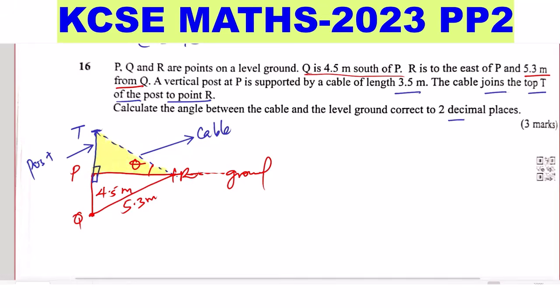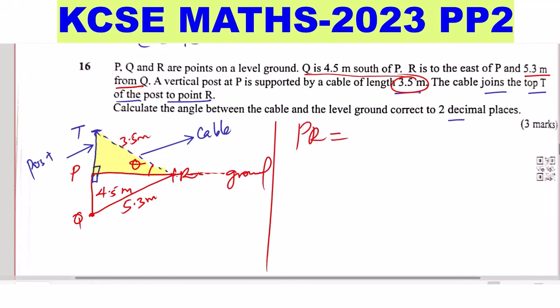We don't have any other measurements. We only have the length of the cable, given as 3.5. So this one is 3.5 meters. If you're able to get any other side, it would be possible. So we can get PR using Pythagoras theorem, using this triangle PQR.